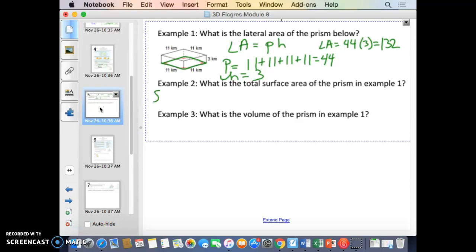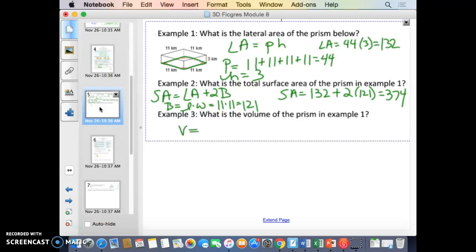What's the total surface area? Surface area equals the lateral area plus 2 times the base. In this case, the base is length times width, so B equals 11 times 11, which is 121. So the surface area equals the lateral area, 132, plus 2 times 121. You type that in your calculator and you get 374. Volume's probably the easiest.